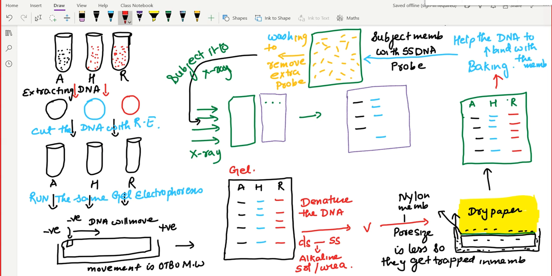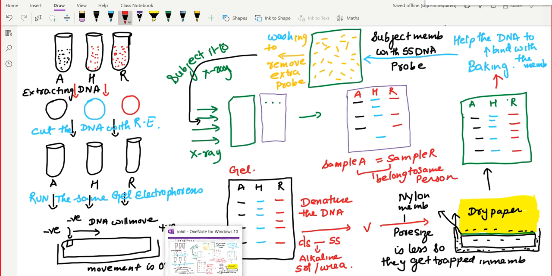What was found? In the case of sample R, we got each and every band matching with A. So sample A and sample R belong to the same person. Clear? This is how DNA fingerprinting is done, sir.